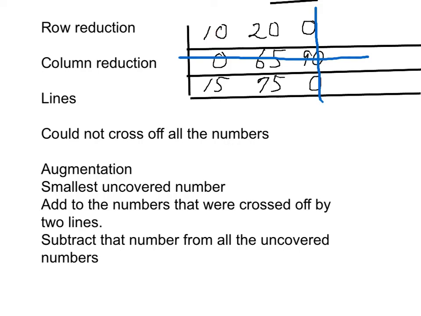You had to subtract that number from each of the uncovered elements, and you added that number 10 to the number that's been crossed off by 2 lines, this intersection number 90. For the numbers that's been covered by 1 line, we didn't do anything.